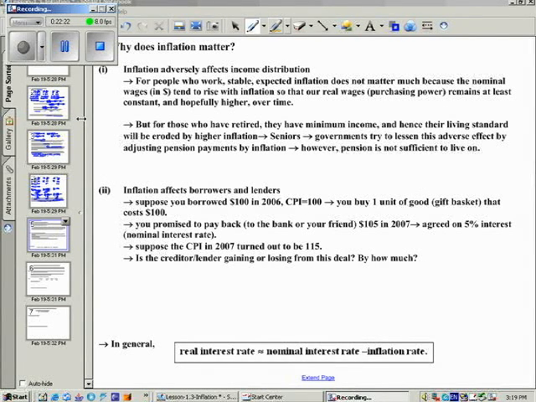We have just looked at 2 ways of measuring inflation rates. Why does inflation matter? For people who actually work, as long as inflation is stable and expected, it doesn't really affect us too much, because very likely our nominal wages or paychecks are adjusted by the inflation rates.